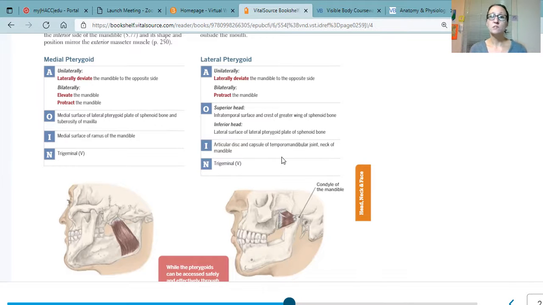In other words, your mandible doesn't quite line up with your maxilla. And this can cause, over time, TMJ disorders, where you get a grinding in the joint itself because the articular disc starts to wear away.